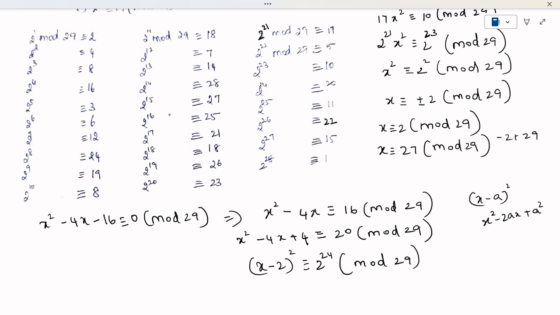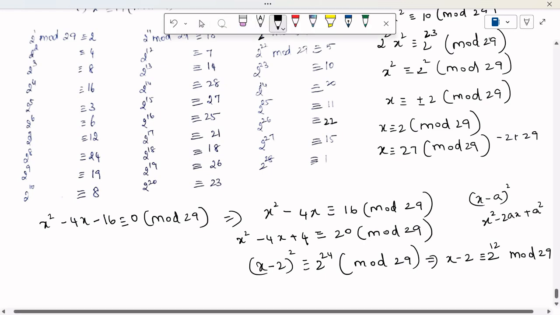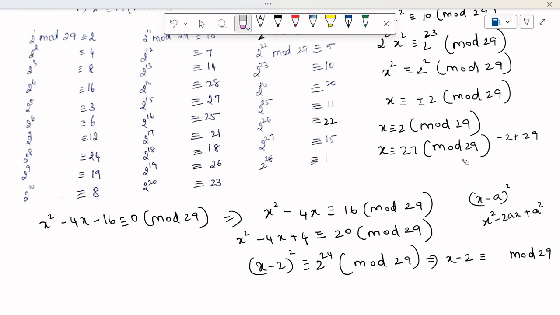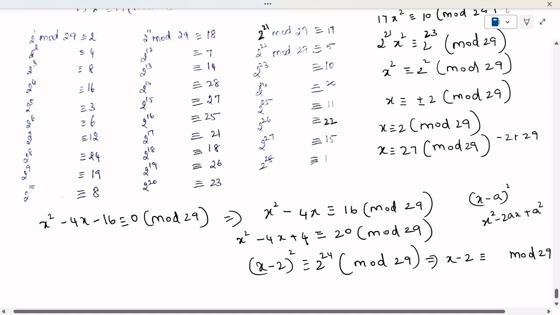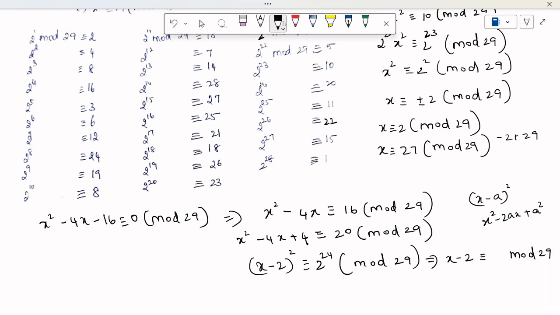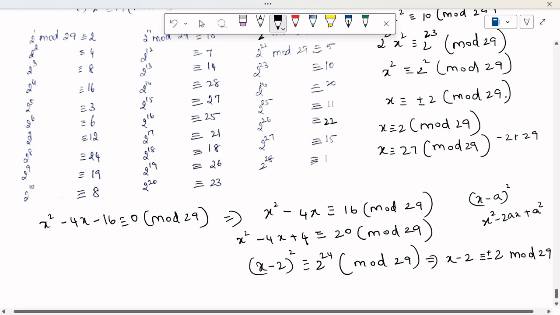Taking square root on both sides, x minus 2 is congruent to plus or minus 2 to the power of 12 mod 29.